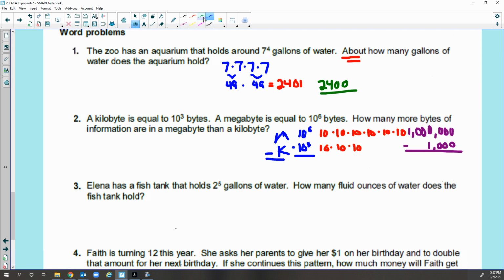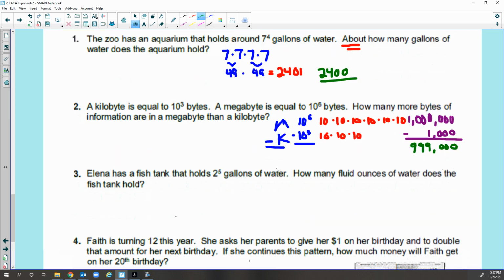So when we subtract these two numbers, we'll end up getting 999,000, because we're going to have to borrow quite a bit from the millions place all the way back over to the thousands place. When we do that, we'll just essentially be crossing out a whole bunch of tens and making some nines up there. You guys know how to do that. Okay, so that's 999,000 more bytes.